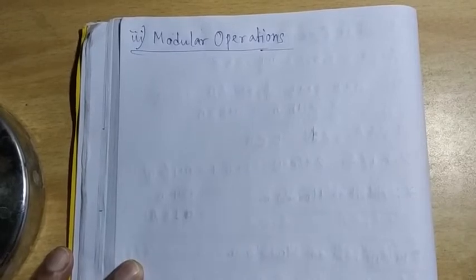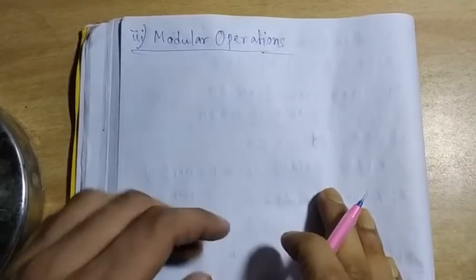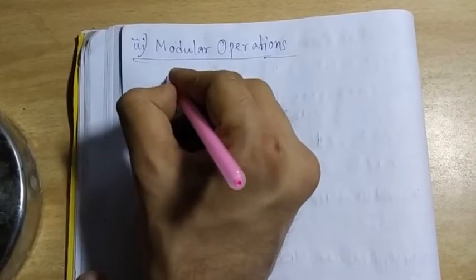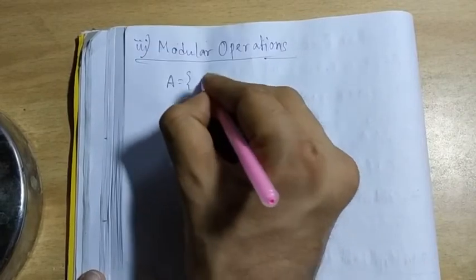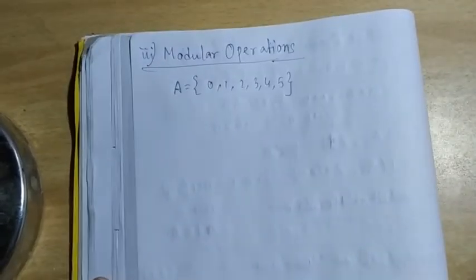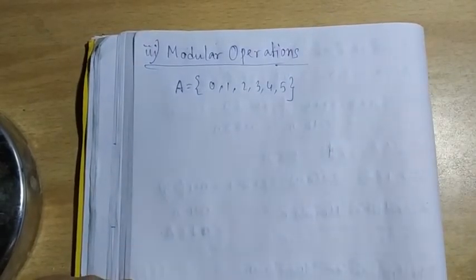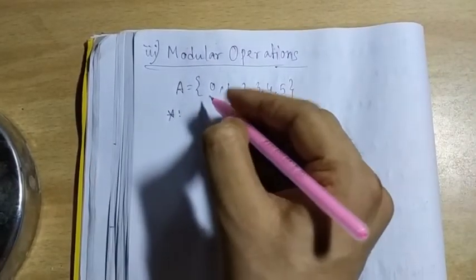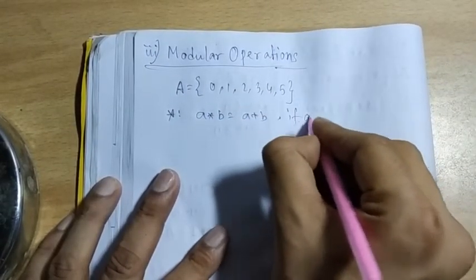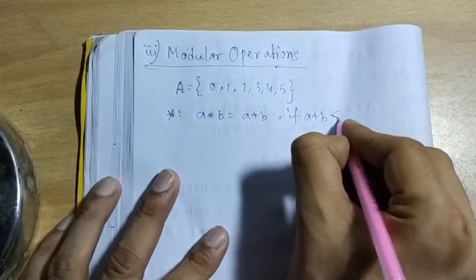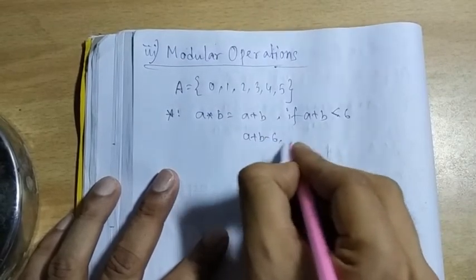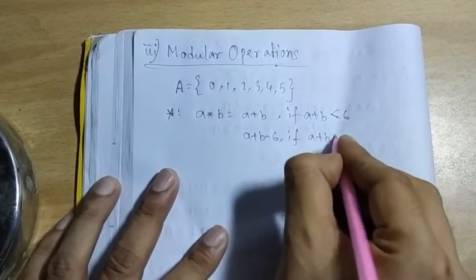Okay, so the third example is modular operations. There are two kinds of modular operation, one is addition and one is multiplication. So suppose we are taking the set A to be 0, 1, 2, 3, 4 and 5. It's a finite set of 6 elements, and we are defining the binary operation star to be, so a star b to be a plus b if a plus b is less than 6, and it will be a plus b minus 6 if a plus b is greater than or equal to 6.